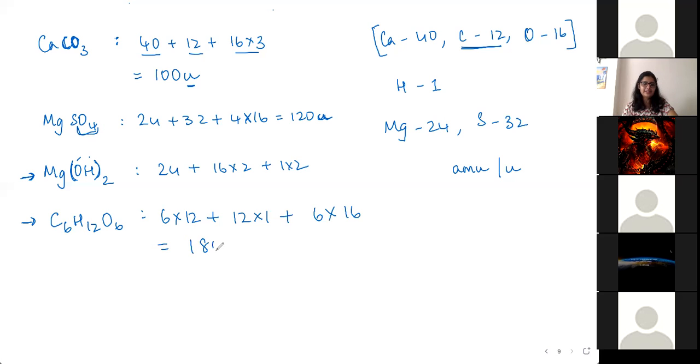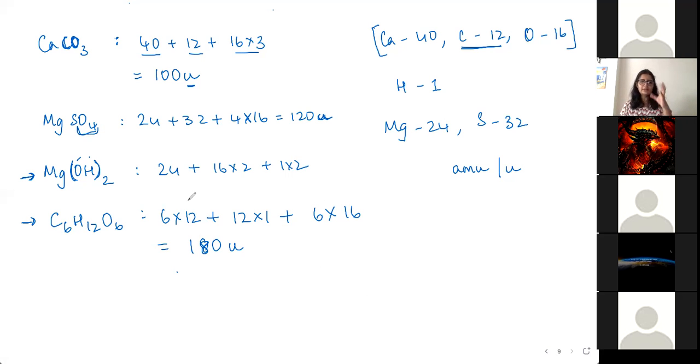You should get 180 AMU. Check your calculation once, because you're pretty close. You're just off by 1 digit. You should get 180 AMU. Cool. So this is all about molecular mass.